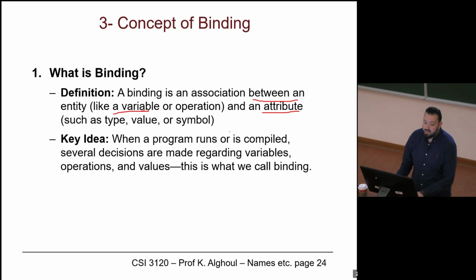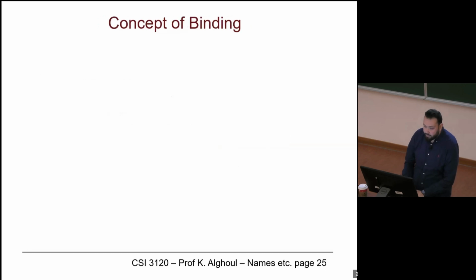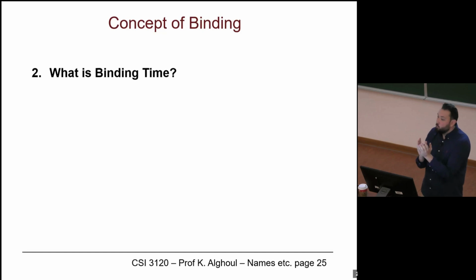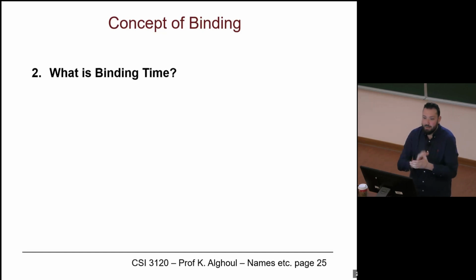The key idea, as we said, is that when a program runs or compiles, several decisions are made regarding variables and operations. We're going to talk about it. Now, what is binding time? We said int x, we did a binding between the type and the variable. But we need to know at what stage, at what time this binding happened.